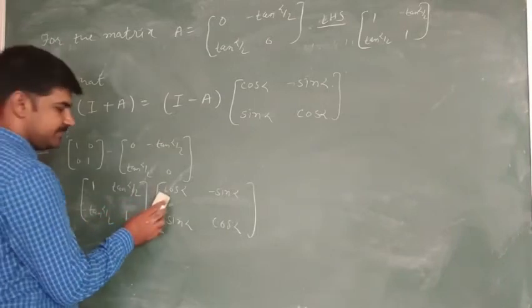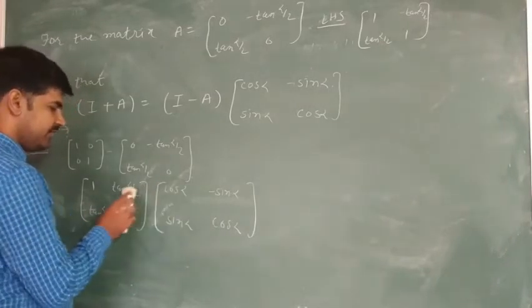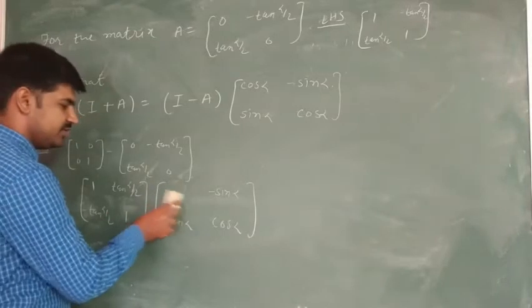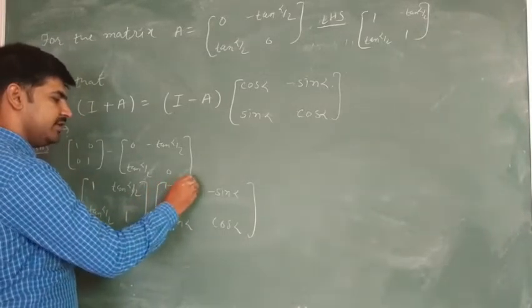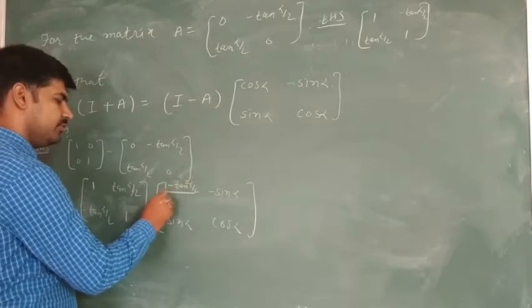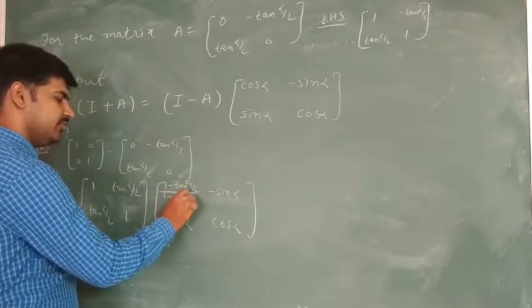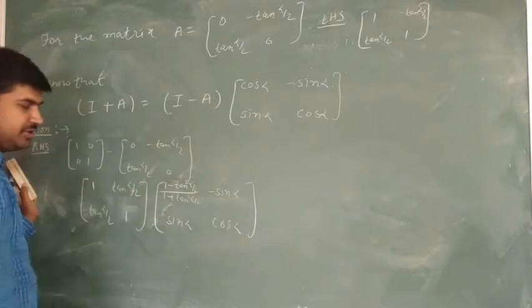So students, if I write cos alpha in terms of tan alpha upon 2, this is 1 minus tan squared alpha by 2 upon 1 plus tan squared alpha upon 2, the trigonometric identity.